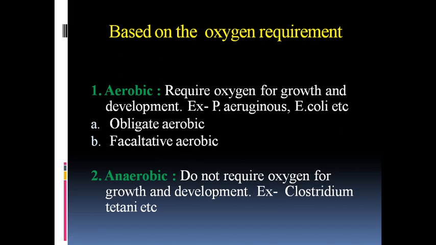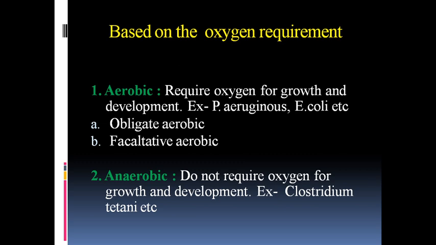Obligate aerobic means these are the bacteria which compulsorily need the presence of oxygen. In the presence of oxygen only, these bacteria can survive. If there is no oxygen, then these bacteria cannot survive. That is called obligate aerobic.